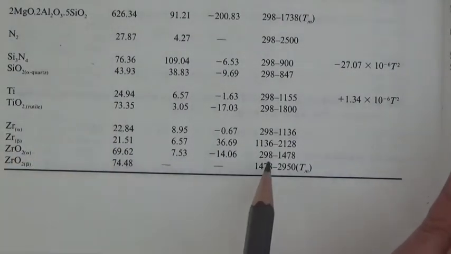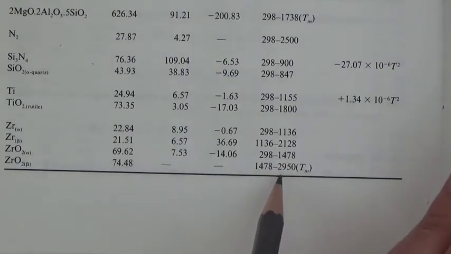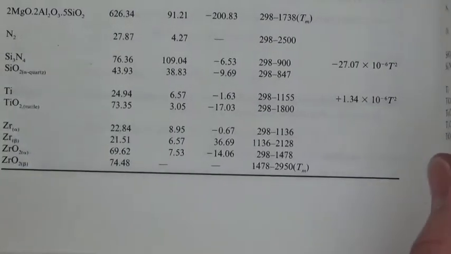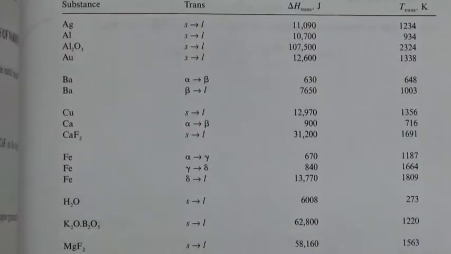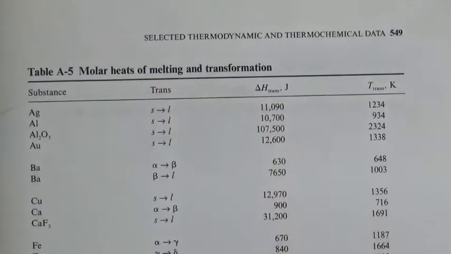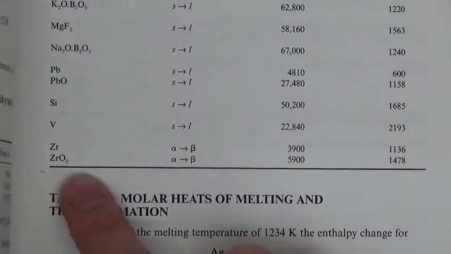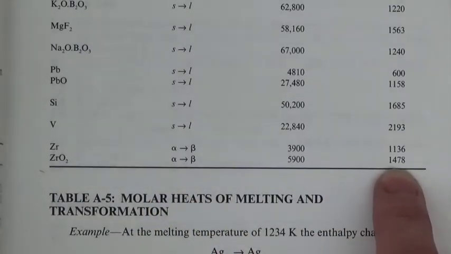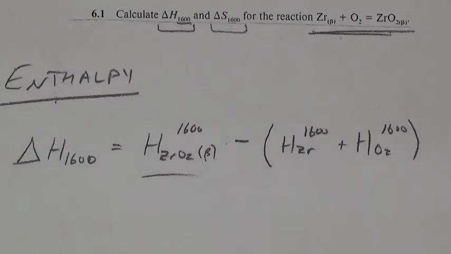So alpha is valid from 298 to 1478, and beta from 1478 to close to 3000, the melting temperature. Also, if we look at the table on the molar heats of transformation, for ZrO2, there's a transformation from alpha to beta at 1478 that's given. So that means that we actually have to take our reaction and put it through a phase transformation.